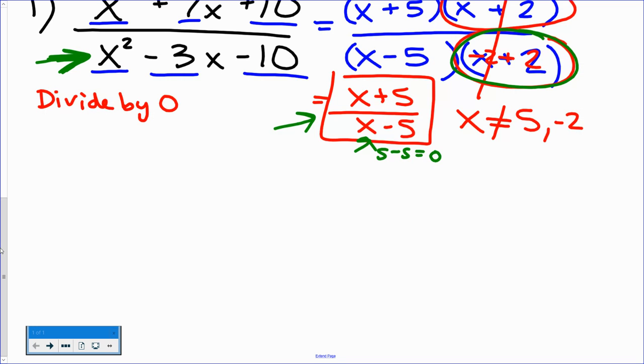Okay, so you'll have a few that are just simplifying like that. Today we're also going to do multiplication and division with these and then simplifying. So we are going to look at a problem where we multiply the rational expressions.